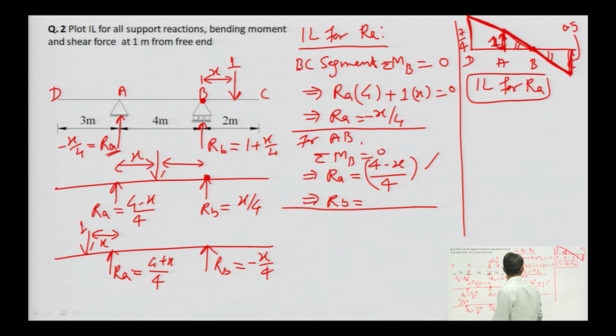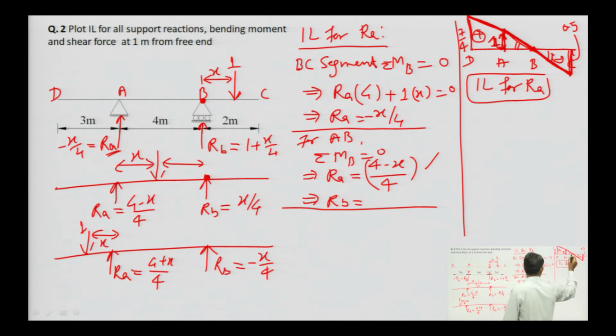This one is the positive side, this one is negative. What does it mean? When the load is from D to B, we will get a positive value of RA.